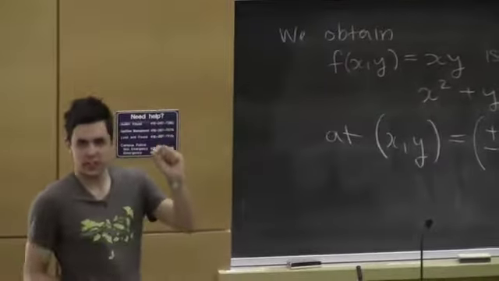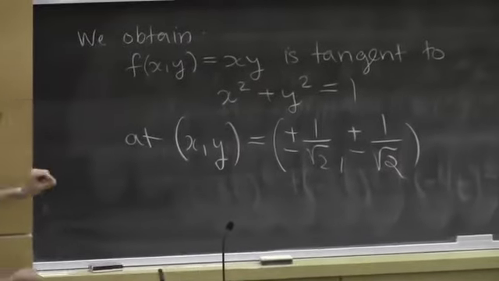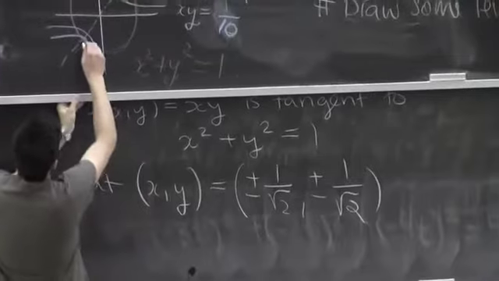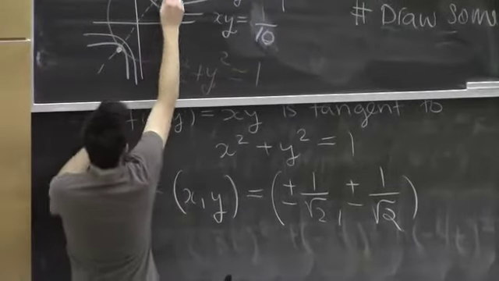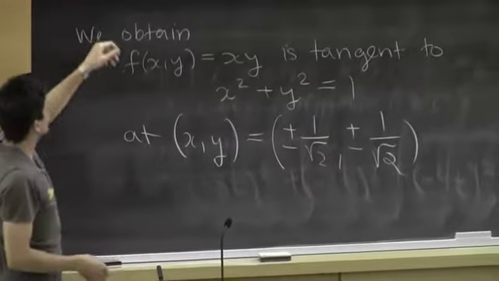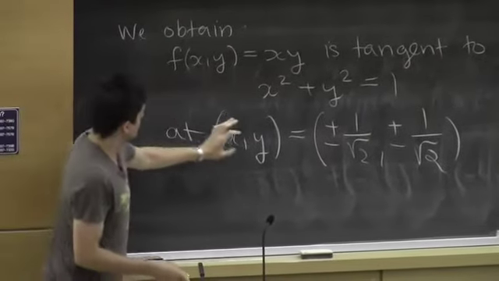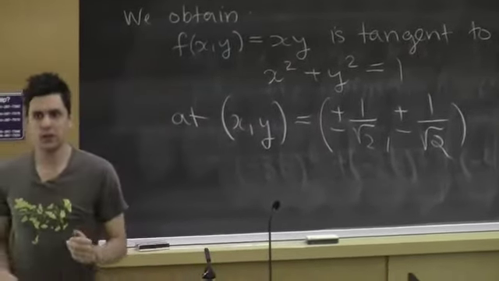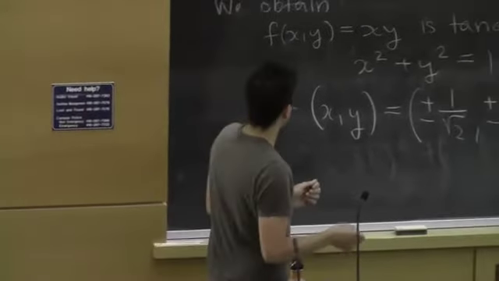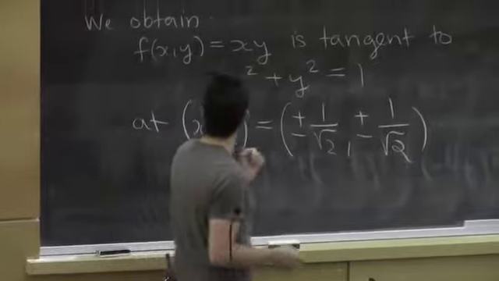So we get that they touch at exactly one point there. At this guy and this guy, the two curves meet. So we get two points where the curves are touching at exactly one spot. Okay.